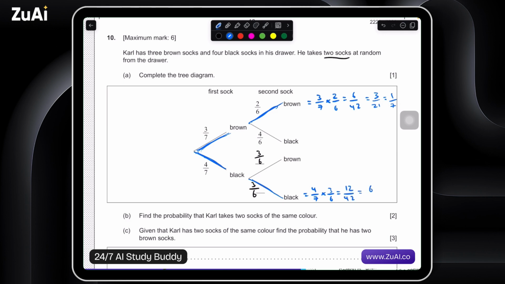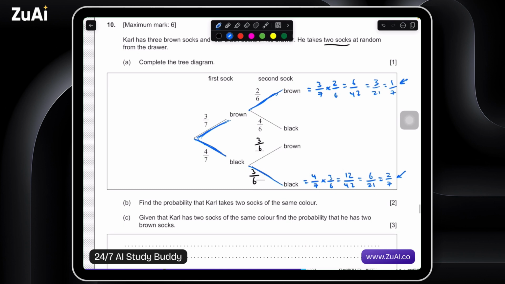In this case, 6 over 21, or 2 over 7. Okay, so 1/7 of the time he has 2 browns, 2/7 of the time he has 2 blacks. In both cases, he has a pair of socks that are the same color.